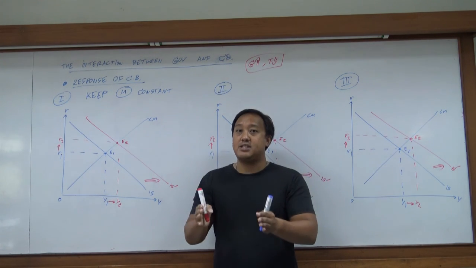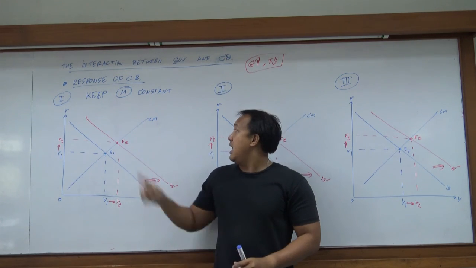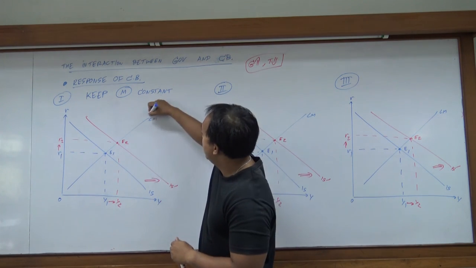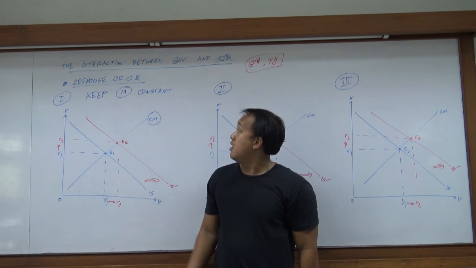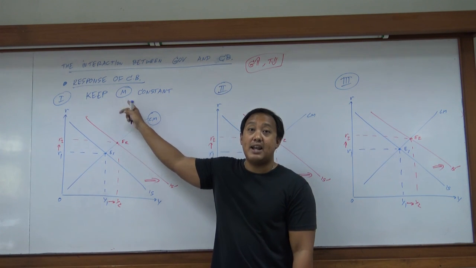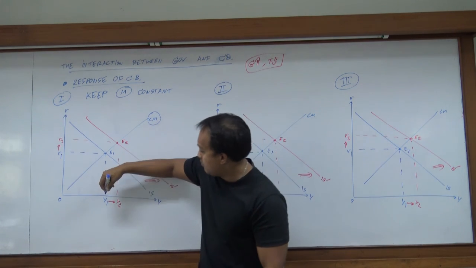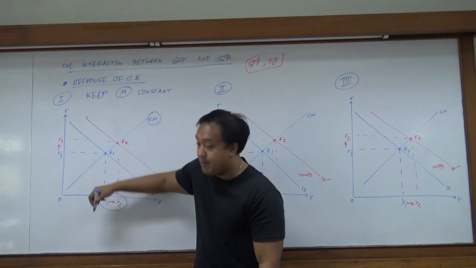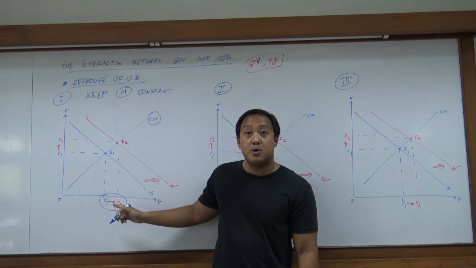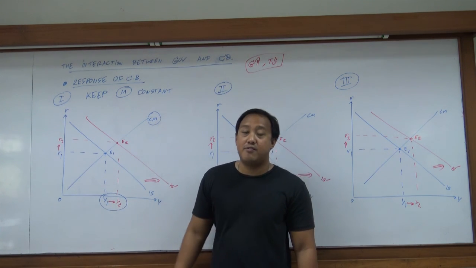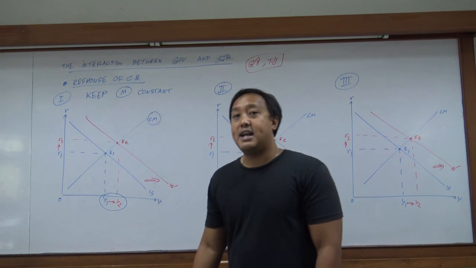So in the first case, the LM curve will stay the same and not move, because the money supply is constant and the equilibrium in the money market does not move. So in the end, GDP increases from Y1 to Y2. This is the first way the central bank responds.